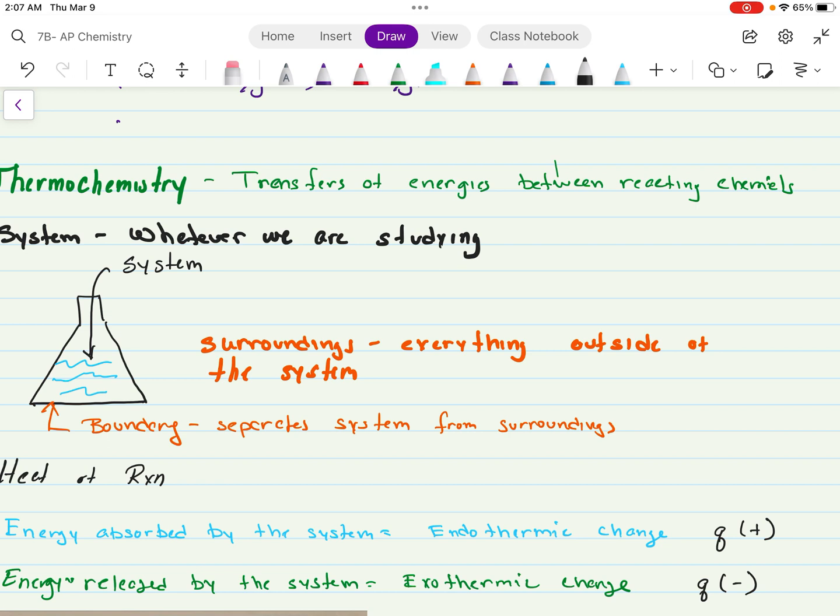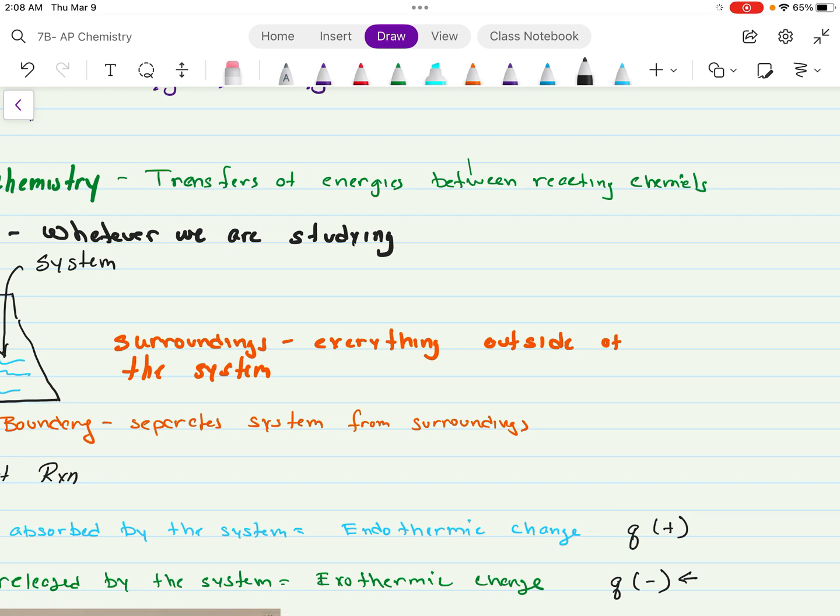Because if there's energy moving out of the system into the surroundings, then the system is losing energy, which means it's going to have a negative value. The surroundings are gaining energy, but it's being released by the system. So in this case, the system loses energy.